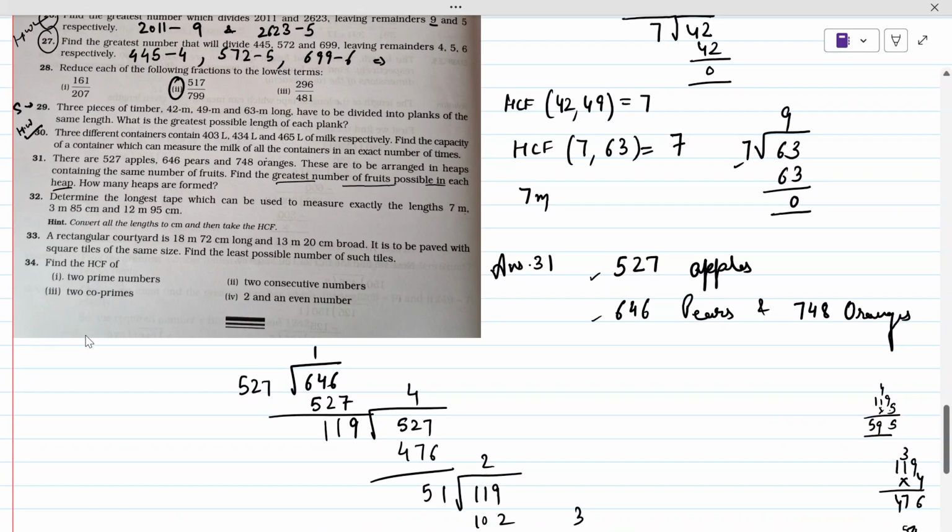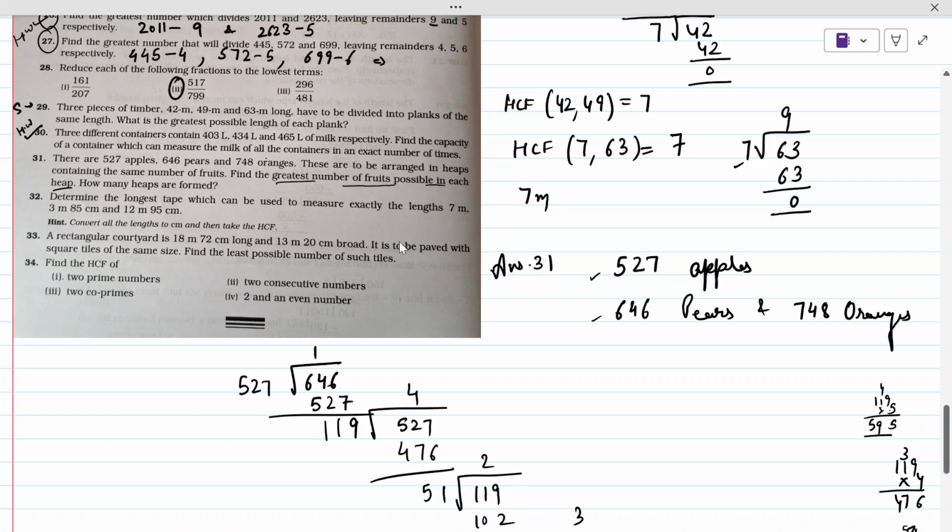Next what we have is: determine the longest tape which can be used to measure exactly the lengths 7 meter, 3 meter 85 centimeter and 12 meter 95 centimeter. So kids, first of all, the dimensions are different. So we have to change everything into one particular unit. We have meters and centimeters.